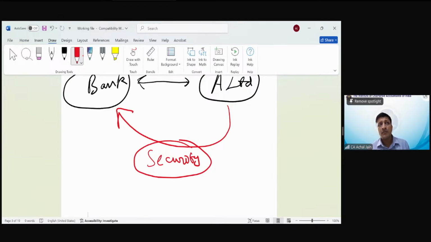Objective is what? Whether it's a lien or an assignment, a security is being transferred from customer to bank. That I believe is more important for you rather than getting into the legality of the way of creation of security.